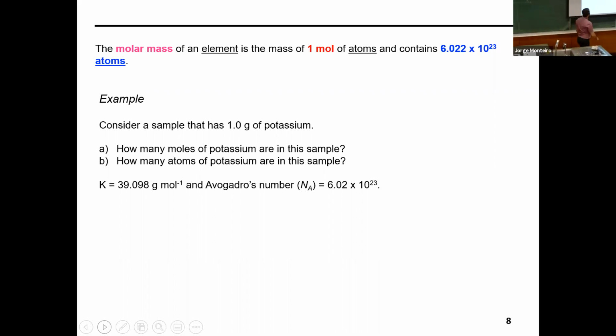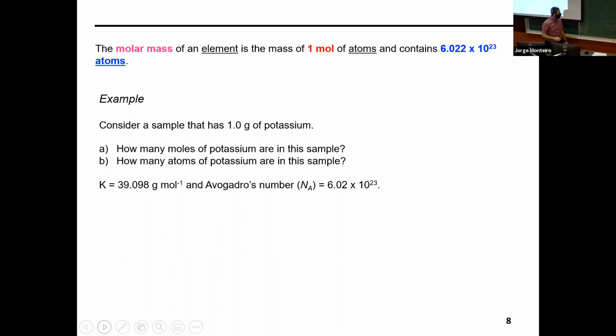Okay, so now the second part of the question, how many atoms of potassium are in this sample? How many atoms of potassium in 1 gram of potassium? So we can solve this problem in 2 different ways. The first one is to correlate atoms with mass, and that's a direct correlation, and the one I recommend.